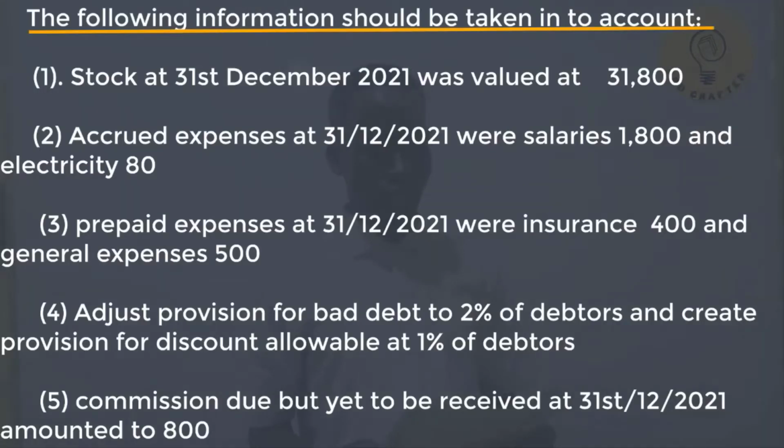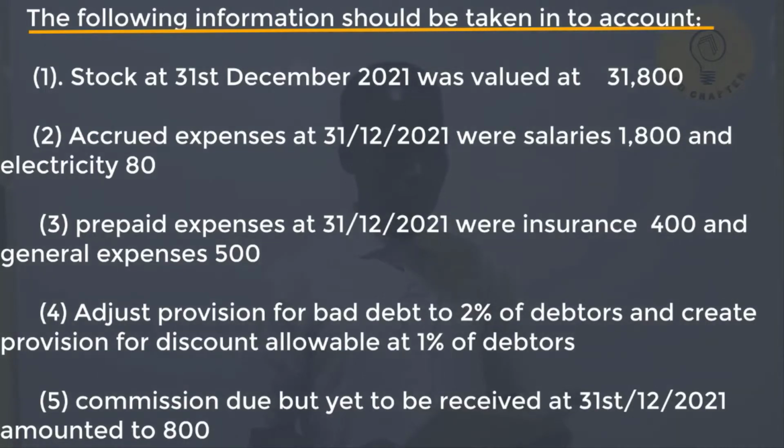The first one is stock at cost on 31st December 2021 was valued at 31,800. Accrued expenses at 31st December 2021 were salaries 1,800 and electricity 80 naira. Prepaid expenses were insurance 400 and general expenses 500.